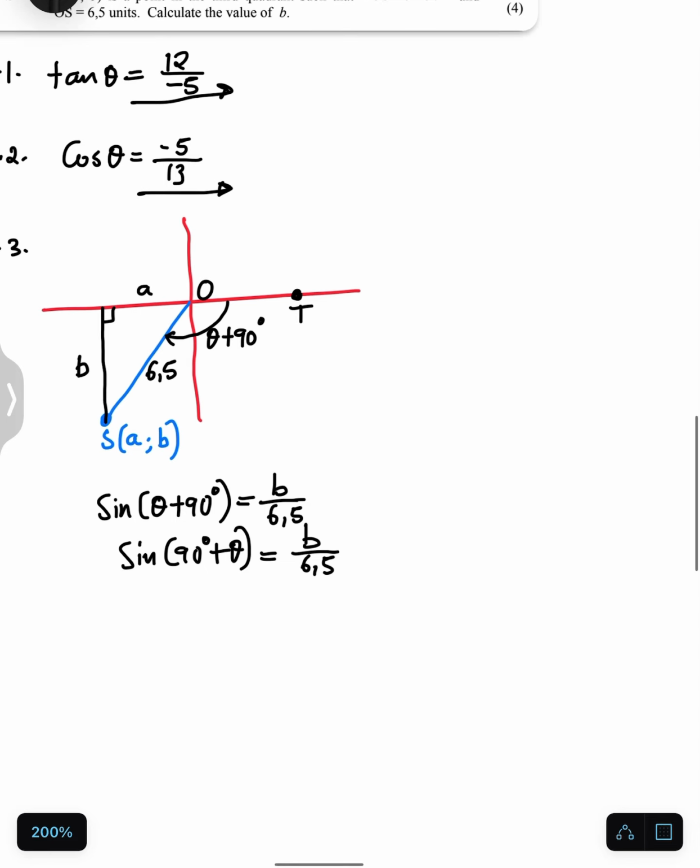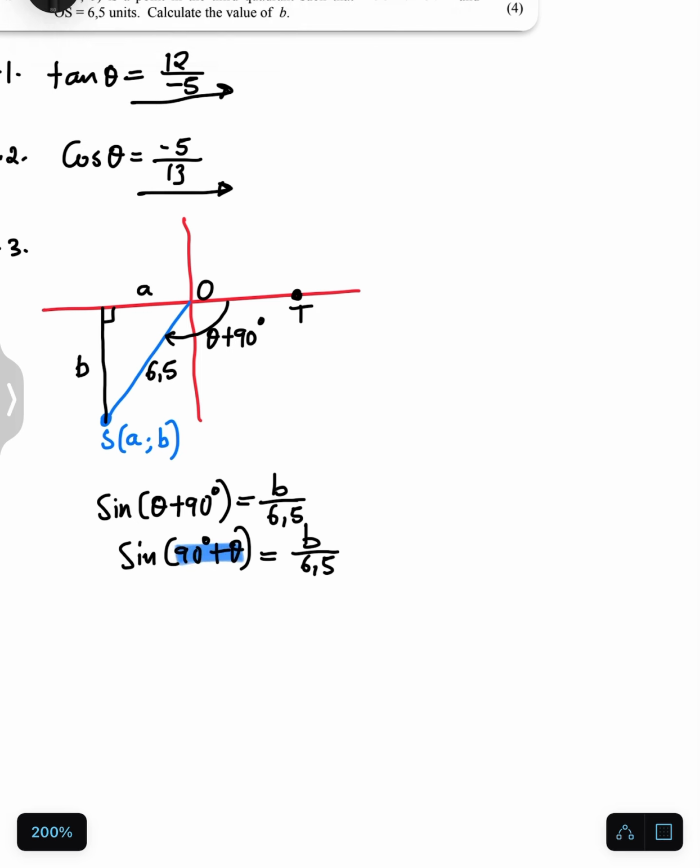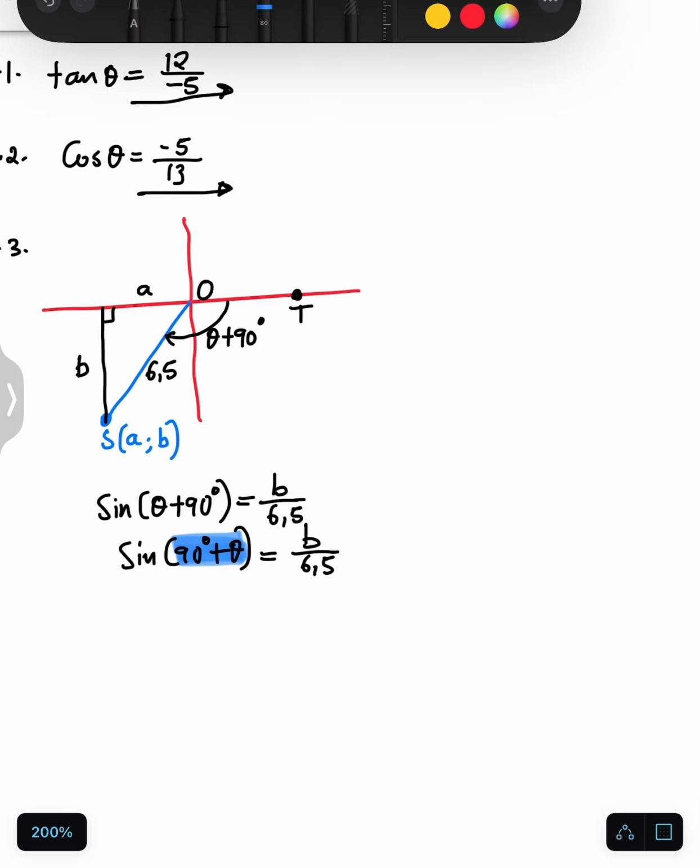When you write it this way, it looks familiar. You can also check that I already highlighted that in the previous videos.